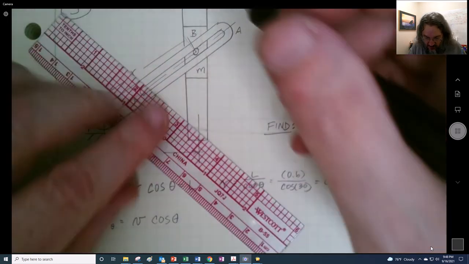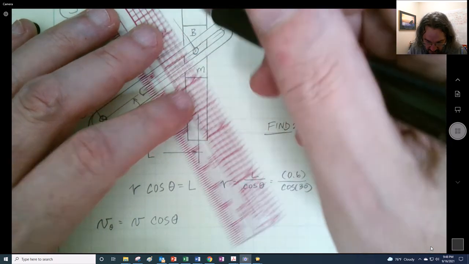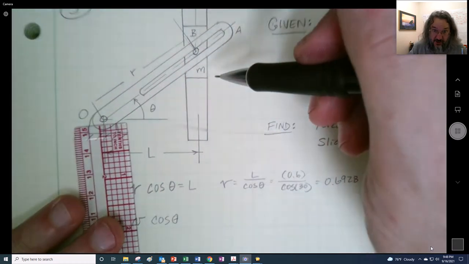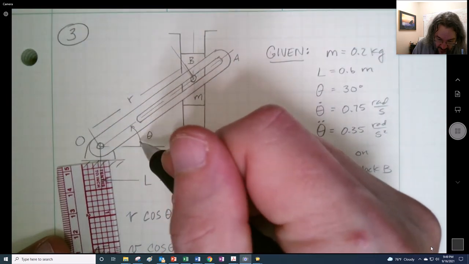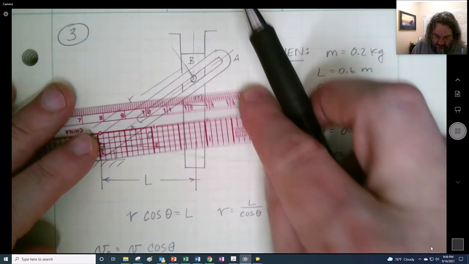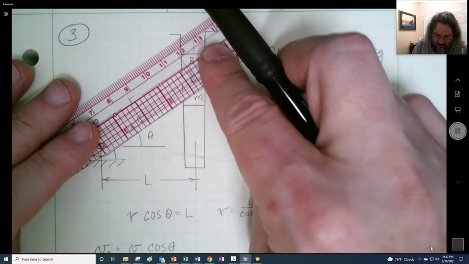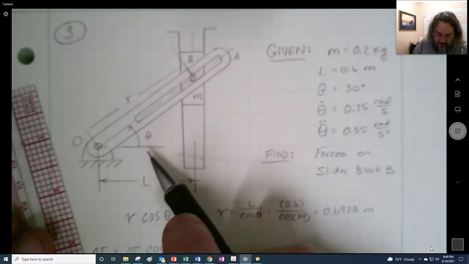If we were to do the angles right there, we would have a velocity coming this way and a velocity coming up in that direction, and that angle is the same as this angle. If you wanted to prove that to yourself, rotating that would close this angle, and rotating this would also close this angle. So they have to be the same angle.